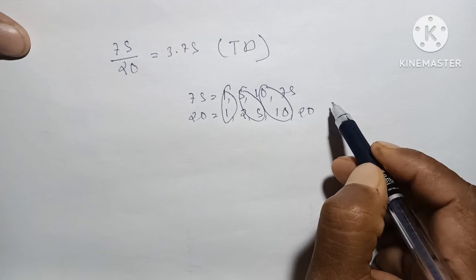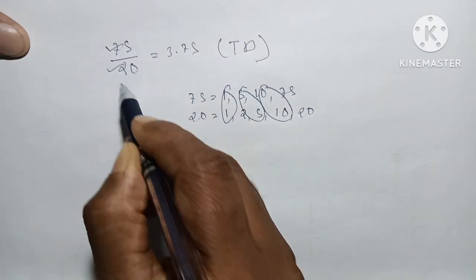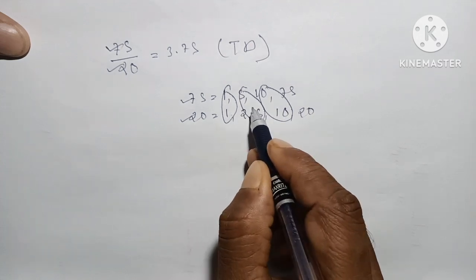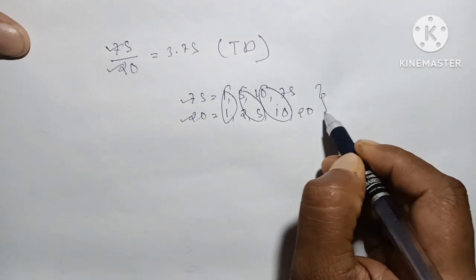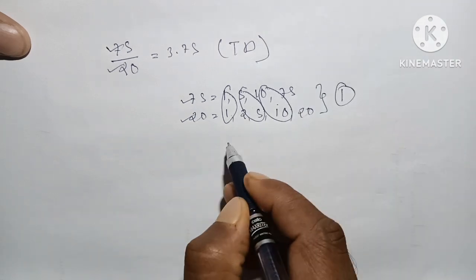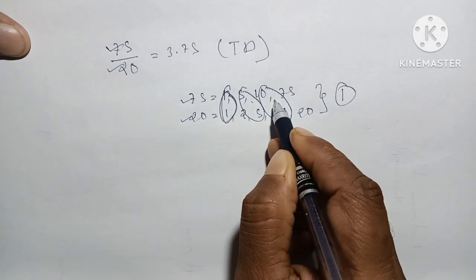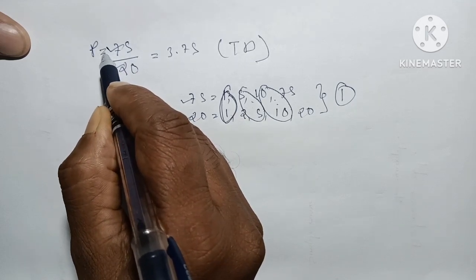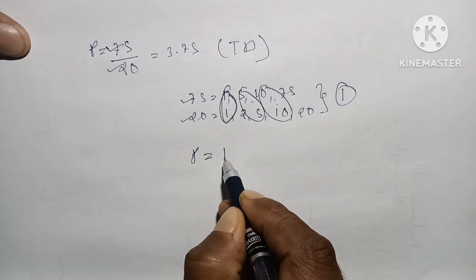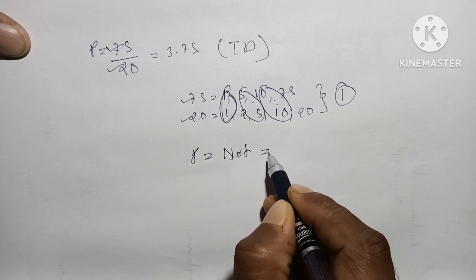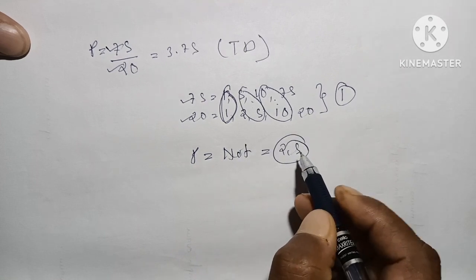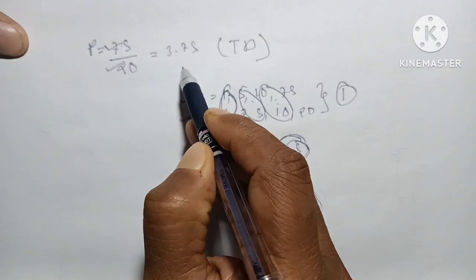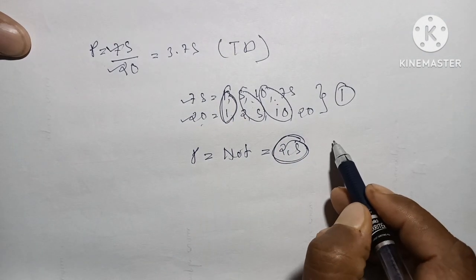No common factor other than 1. If you choose a fraction like this, there are more common factors other than 1. But the question demands that only 1 should be the common factor, not 5 and 10. This should be taken care of. Because of that reason, P, your numerator, should not be a prime factor of 2 and 5. If the numerator is not a prime factor of 2 and 5, then we can easily fulfill that 1 is the only common factor.